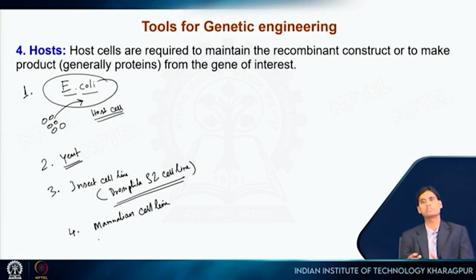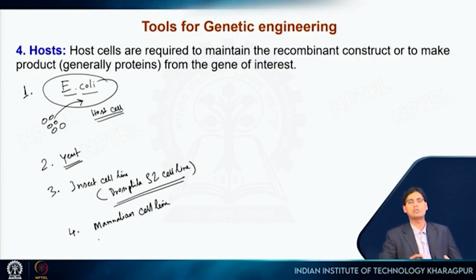That's why sometimes we start with a bacterial system. But if your protein requires a lot of post-translational modification, which is not present in the bacterial system, then you have to rely on a eukaryotic expression system. Okay, so this is all about different types of host cell that can be used for different applications.